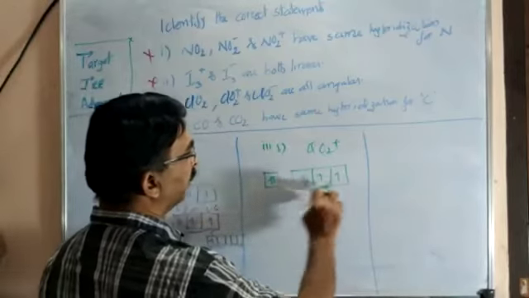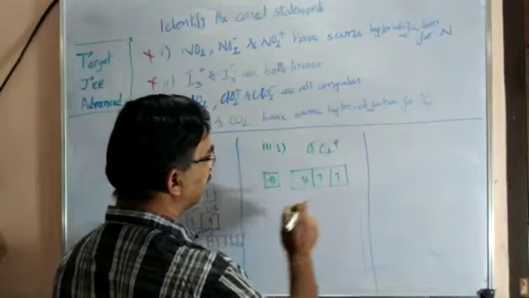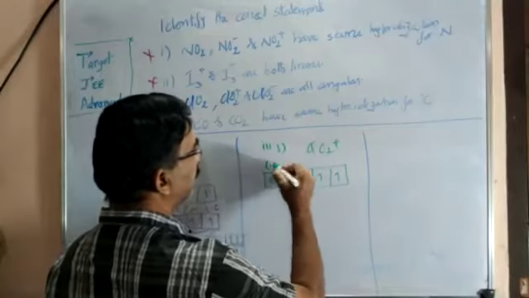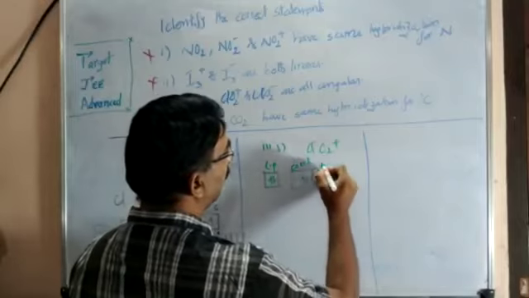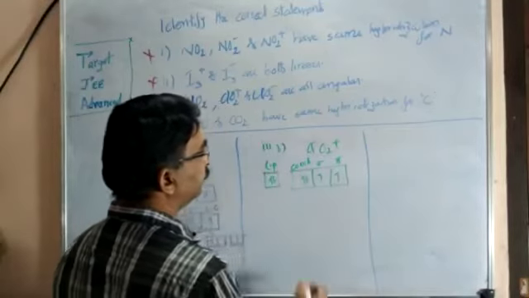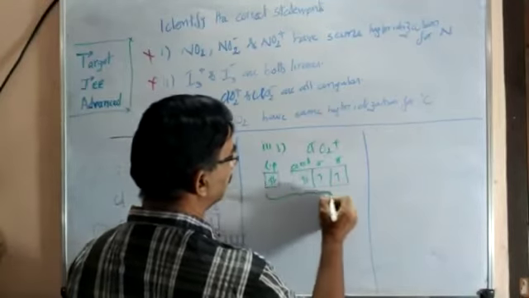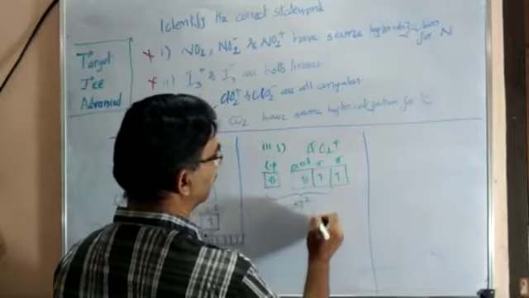In that case, we can proceed with this lone pair, coordinate bond, sigma, pi. So pi must be avoided: sp2 hybridization.